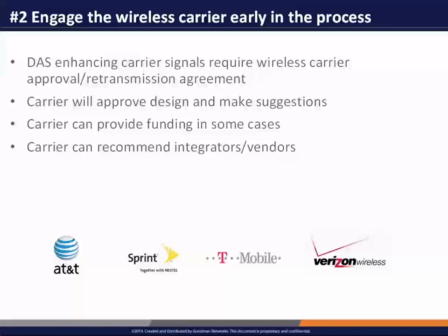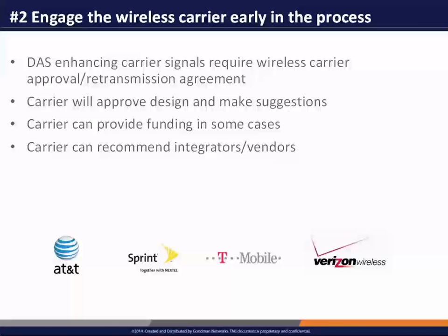The carriers own airwaves, and at the same time, each of the carriers, the major carriers, have teams in place to help their customers improve wireless coverage on their campus. And those teams can help with the assessment process, the evaluation of what's needed. They also have access to potential funds that may help offset some of the costs of the systems.